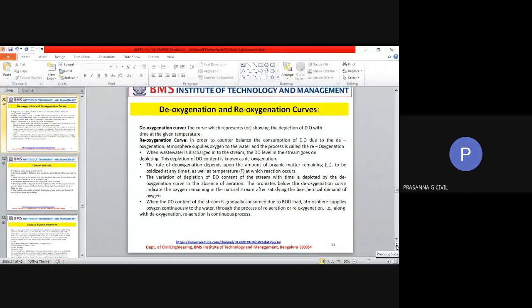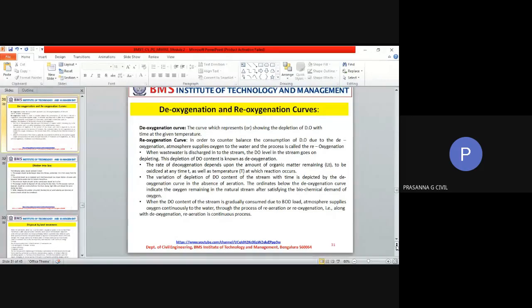In terms of minimum depth, volume of water that should be available. Is there a consideration for the volume of water that should be available? Yes, ma'am. So that means the source or wherever you're putting the water into should have much more volume compared to the volume of sewage that I'm trying to dispose.